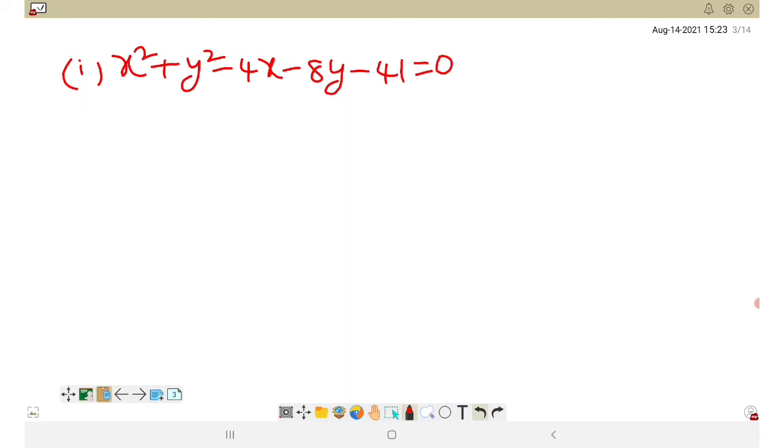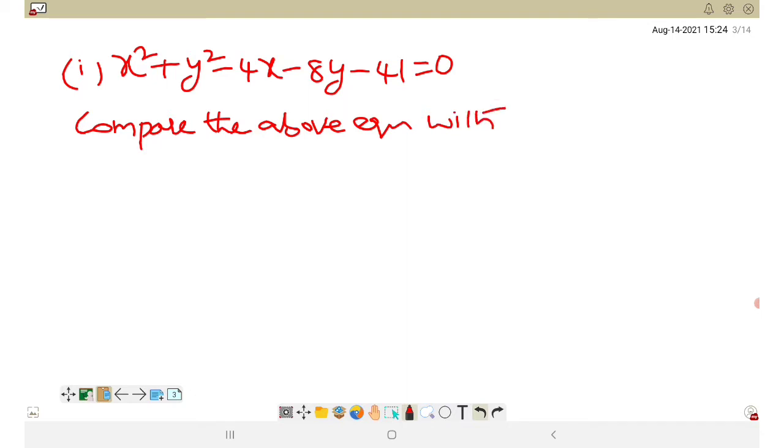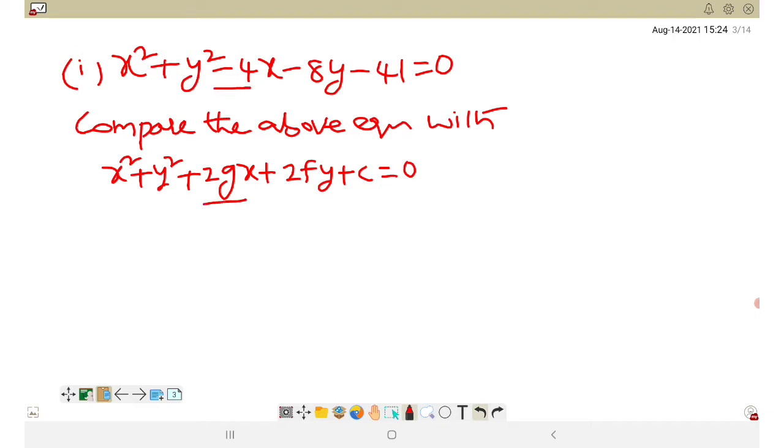Now compare the given equation with x square plus y square plus 2gx plus 2fy plus c is equal to 0. Here the x coefficient is 2g, and here the x coefficient is minus 4.